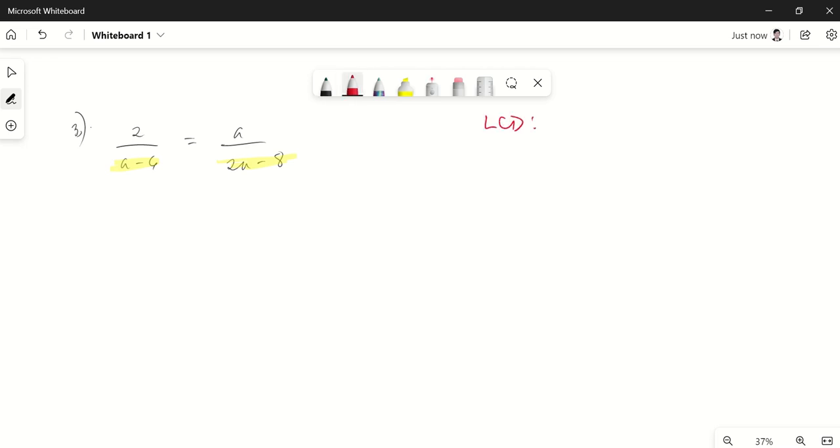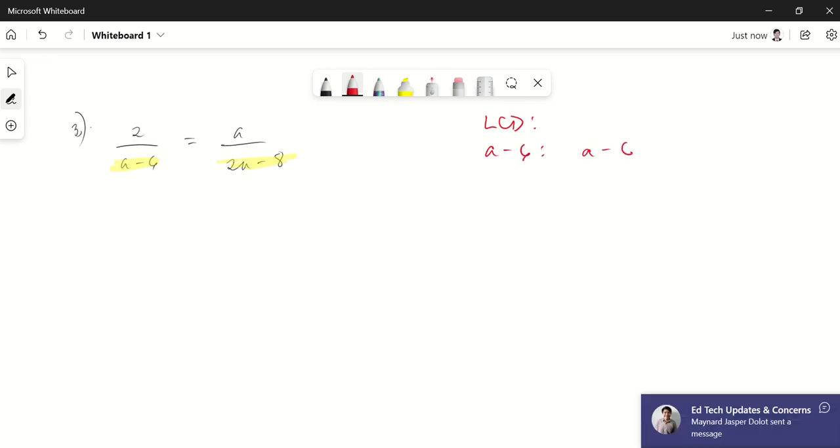To find the LCD, you need to find the factors of each expression first. For a minus 6, it's already prime, so you just have to copy a minus 6. But for 2a minus 8, the GCF is 2.